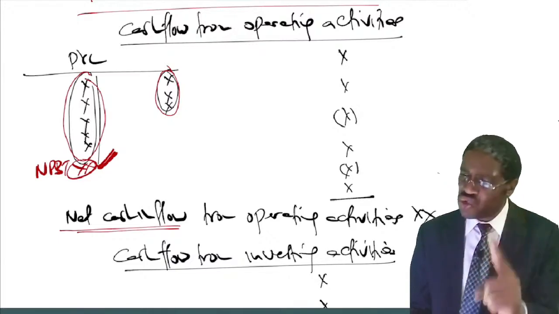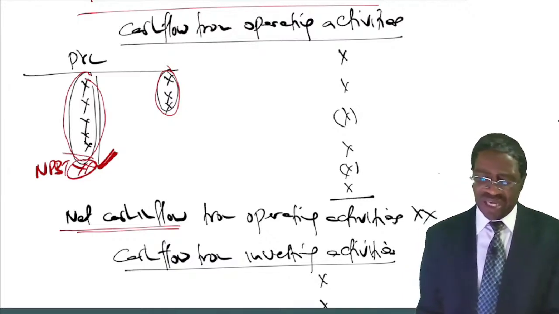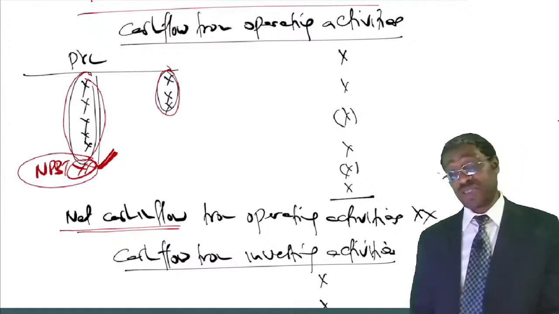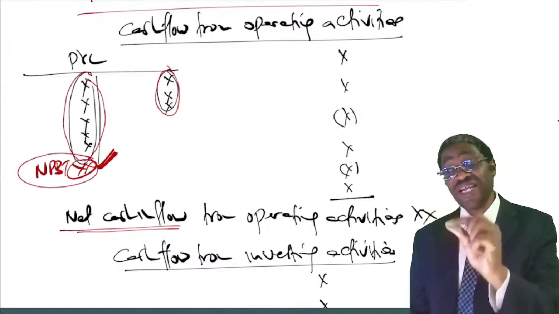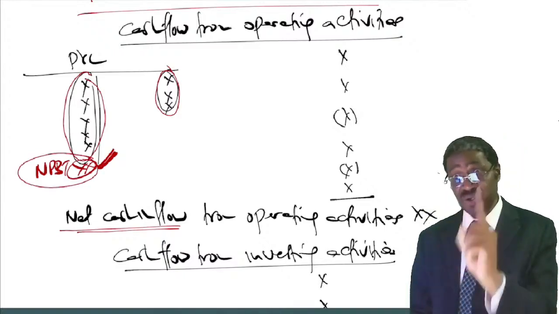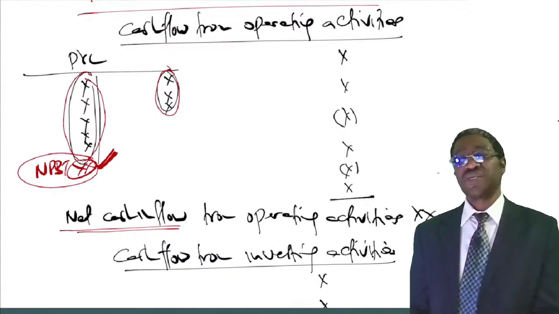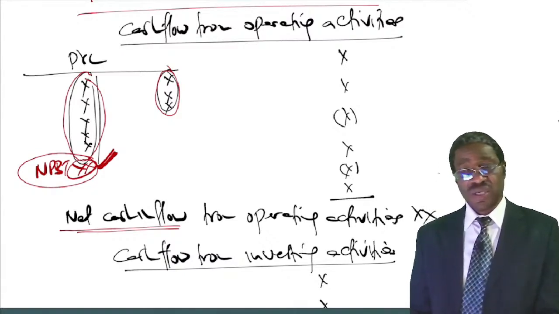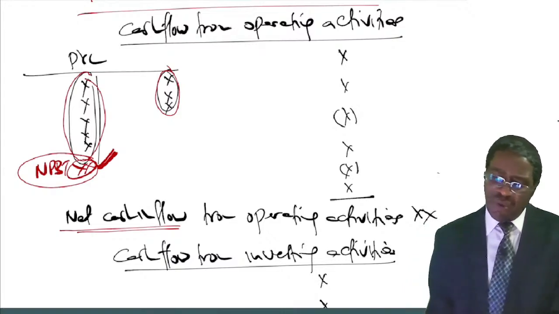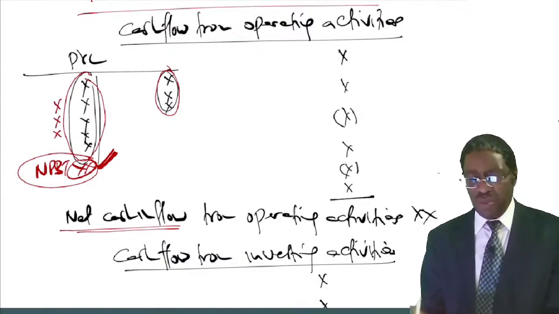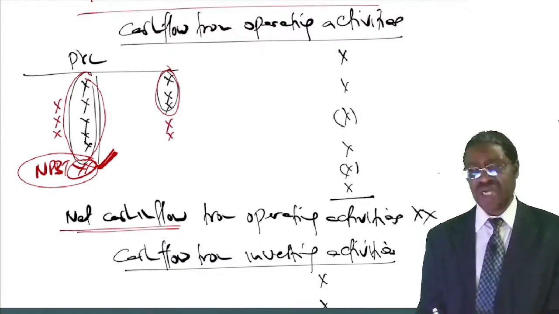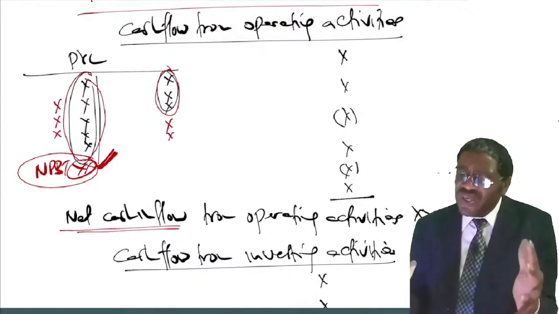But is it true that we can pick that net profit before tax to represent the net cash inflow? The answer is no. Why? Because some of the items you could have debited in the P&L account, or credited in the P&L account, were not involving cash.